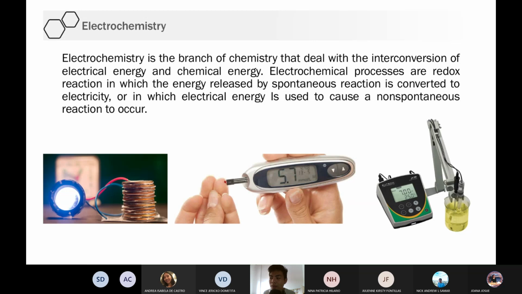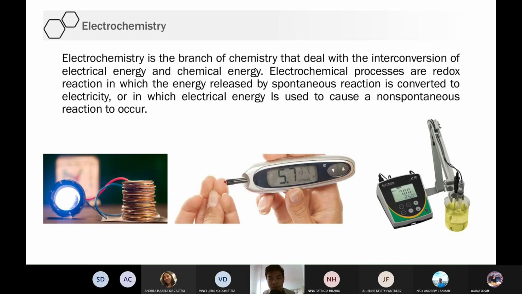And one of the sources of energy is the batteries, 'di ba? So ano ba meron sa batteries? Pag binuksan mo 'yon, iba-ibang chemicals lang halo-halo dun. So you have chemicals inside that, and yung chemicals inside that, depending on their concentration, they can produce certain energy. They can produce certain voltage.